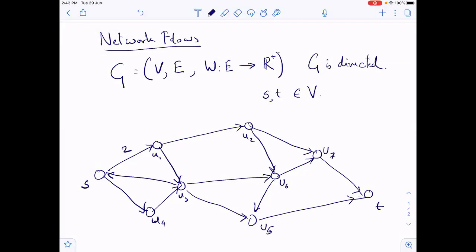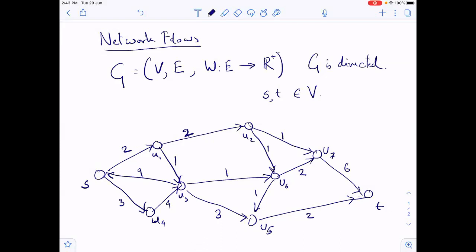And we have the edges, something like that.